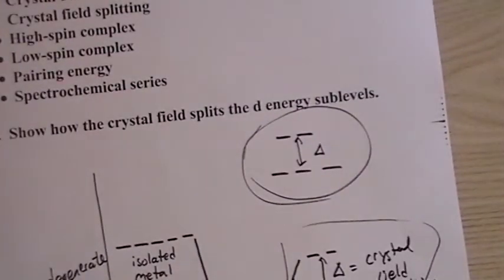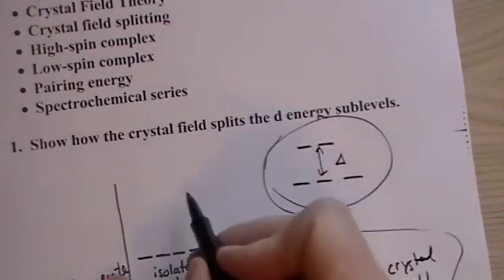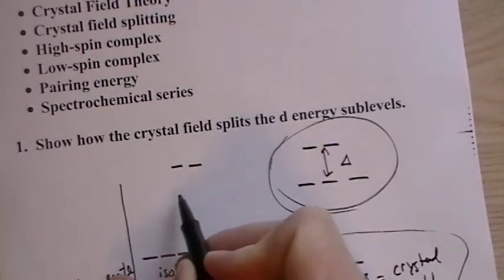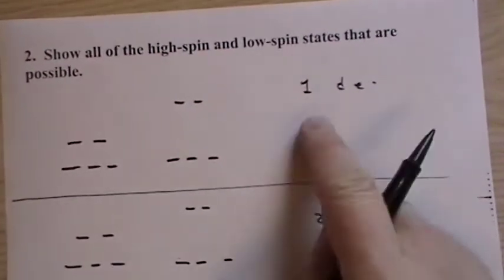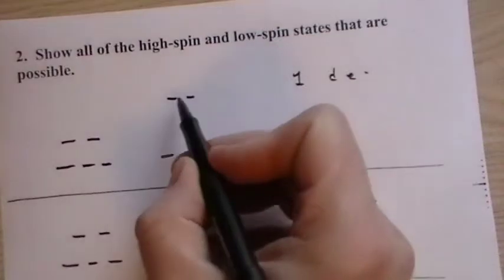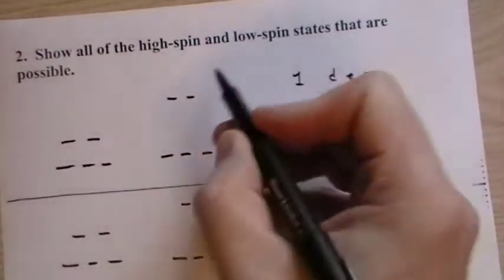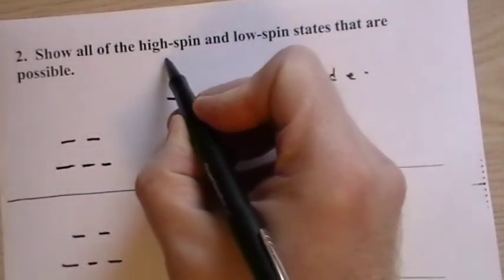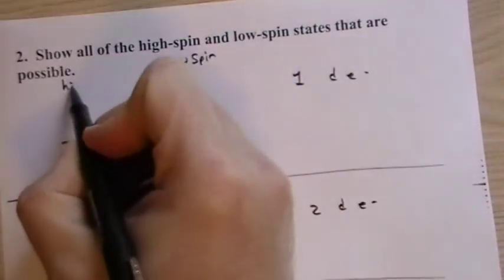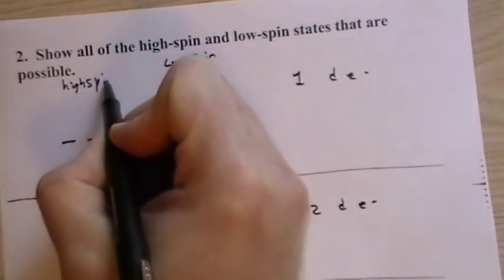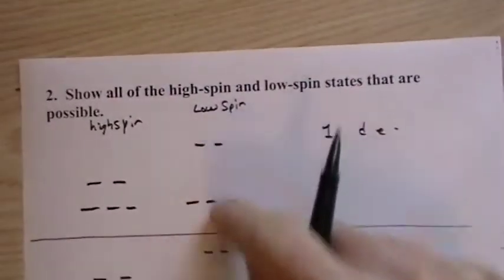Well, there's 2 ways of it happening. I'll just do out the example here. If we have 1 electron, we have what's called high spin and low spin. This is going to be low spin, and this is high spin. Now this is my choice to make the energy levels so different.